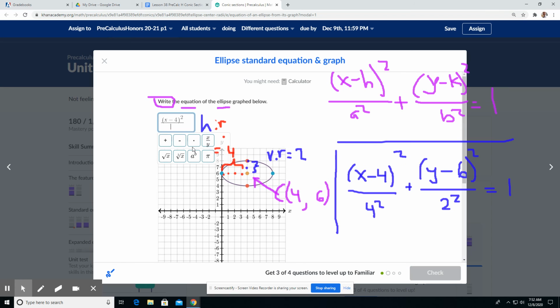All of that is being divided by, and for these, it's important to note that usually they want you to simplify this. So that's a 16.